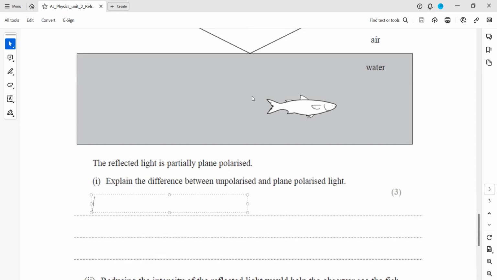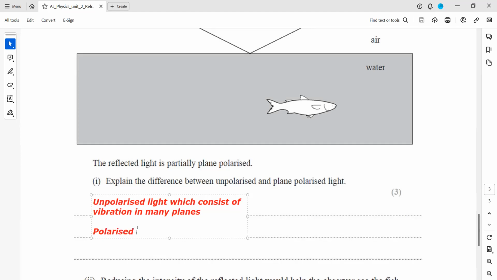So the standard definition: unpolarized light consists of vibrations or oscillations in many planes, whereas polarized light has vibration in one plane, which includes the direction of travel.